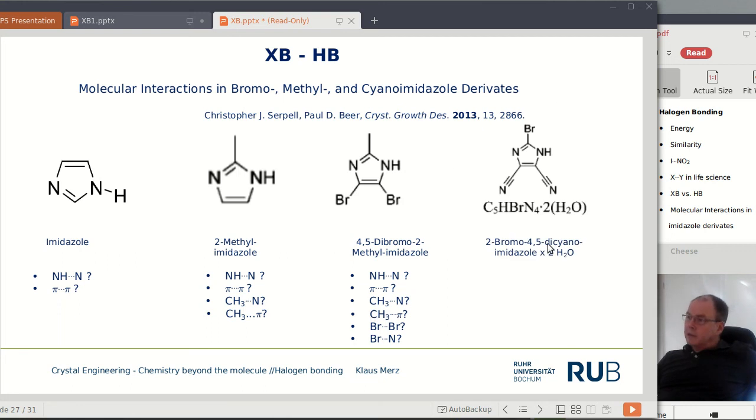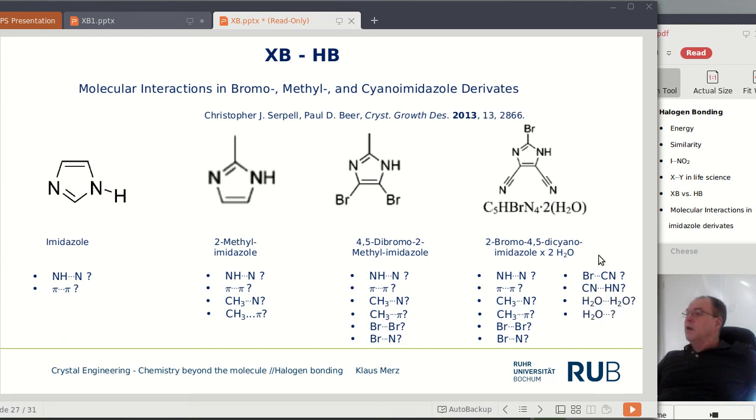And in the last compound, all of them, and additionally bromine-cyano and cyano-HN, or anything with water. You know, water and water, everything, with a suitable interaction.